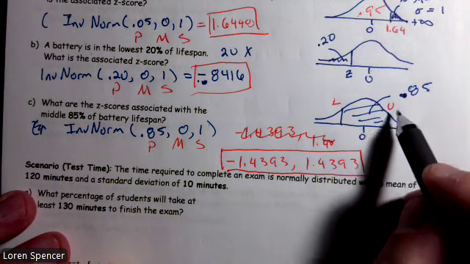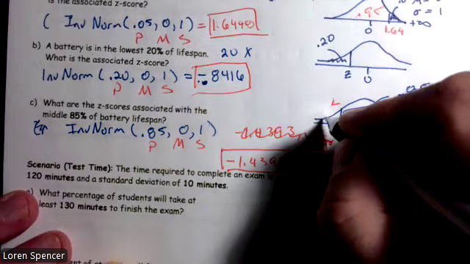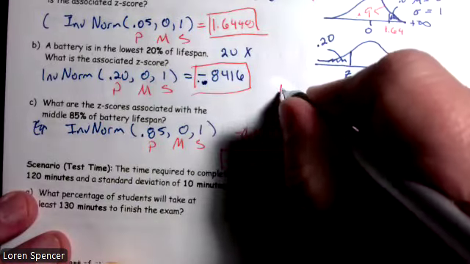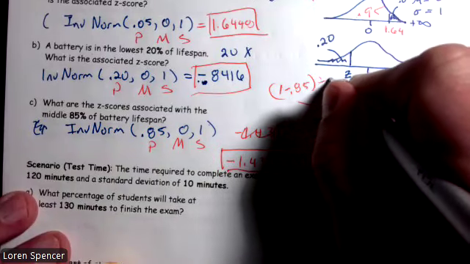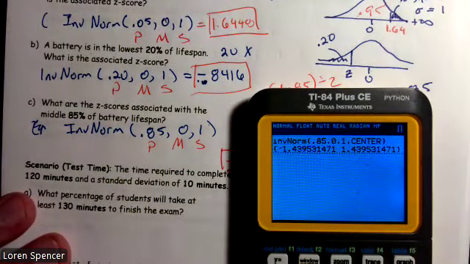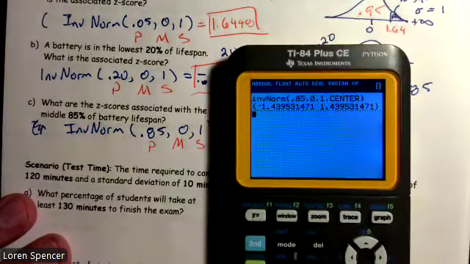Now, I said not all calculators will do this. And if yours works from the left only, you're going to have to do a couple other things. You're going to need to go 1 minus 0.85 and divide that by 2. And that will get you the lower bound. And the reason you're dividing by 2 is you have two tails. So here we go.